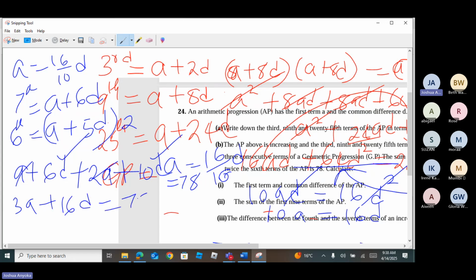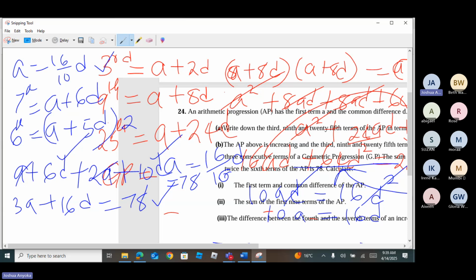This equals to 78. Now, so far we have two equations. One equation is A is equals to 16 over 10D. Another one is 3A plus 16D equals to 78. So let's substitute.